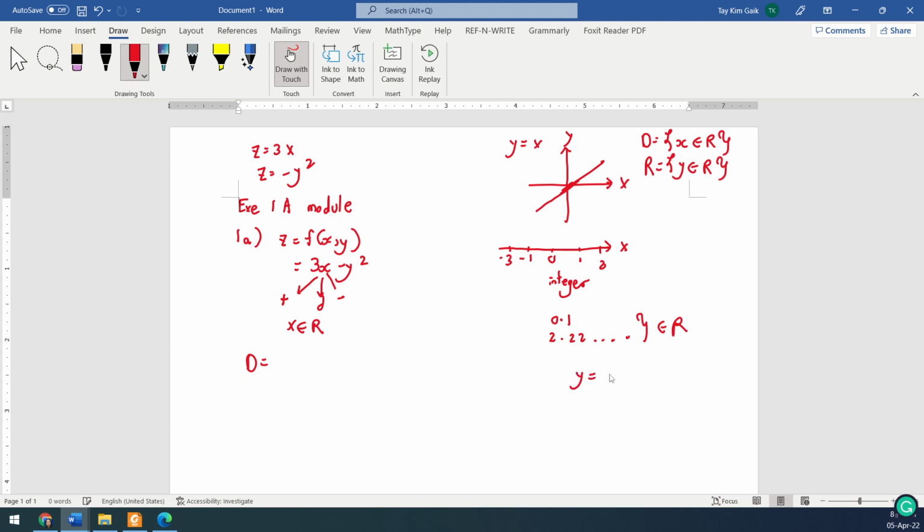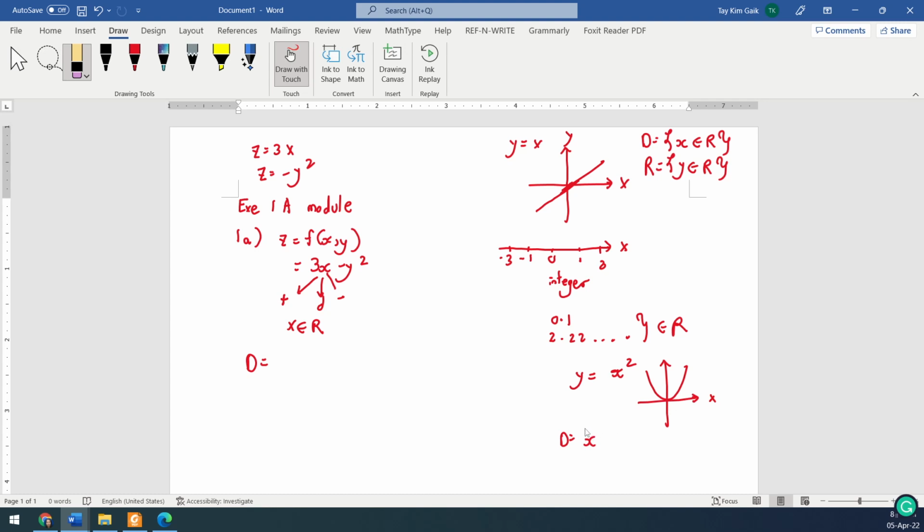First of all, y equals x squared. This is a quadratic graph. Your domain is x, and from the graph you see x covers the negative part, 0, and the positive part.